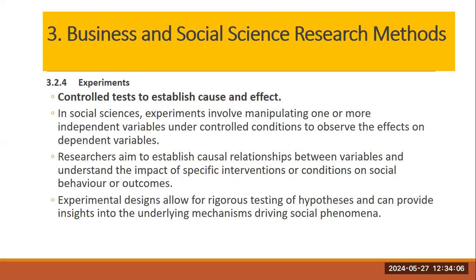So researchers aim to establish causal relationships between variables and understand the impact of specific interventions. Interventions means any changes or manipulations, right, or conditions on social behavior or outcome. So experimental designs allow for rigorous testing of hypotheses and can provide insight into the underlying mechanism driving a social phenomenon.